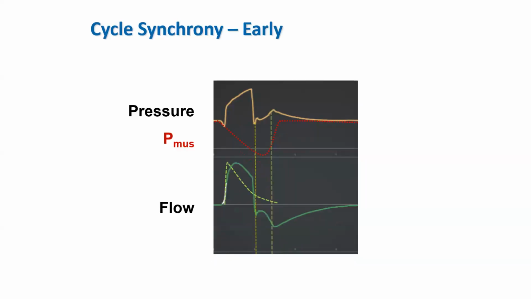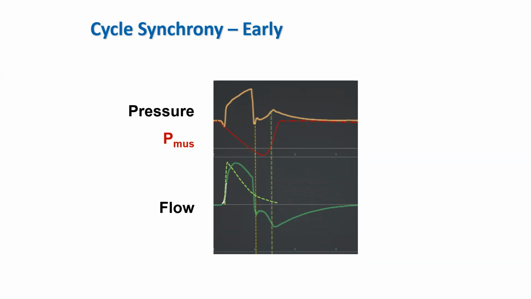On the other hand, if you have a mandatory breath, let's say, where you have a preset inspiratory time, but now the patient's neural inspiratory time, or the duration of the effort, is much longer than the preset inspiratory time, then the effort spills over into the expiratory phase. How do you know that? Well, classically, you clip off this normally peaked expiratory flow.